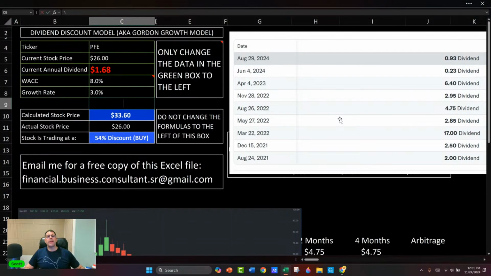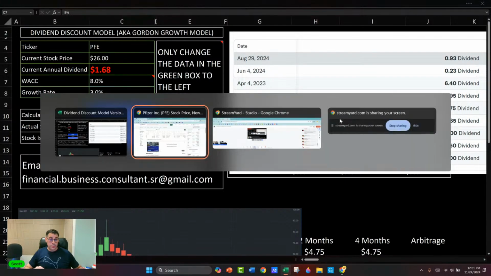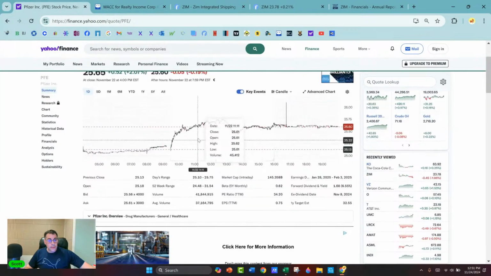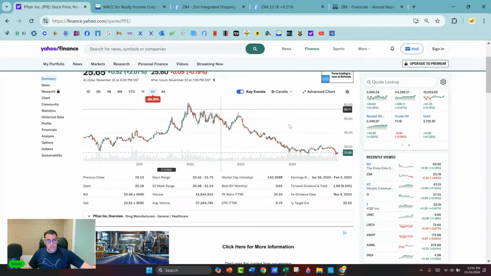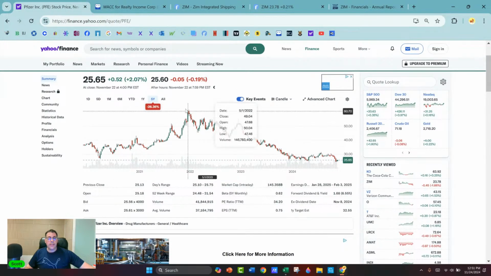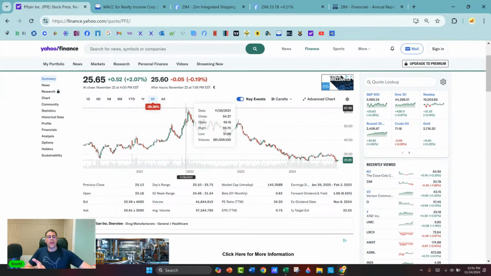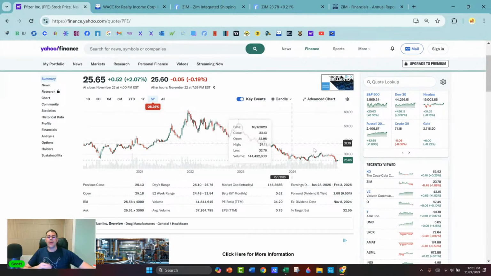The thing with Pfizer is the stock is so beaten down, it's going to seem like a buy in almost any model. Because it should be trading at like $50. That is the intrinsic value.